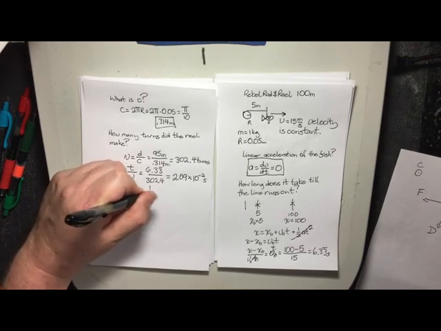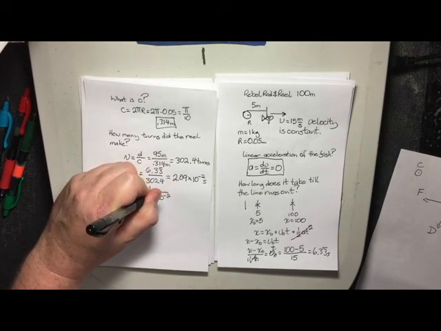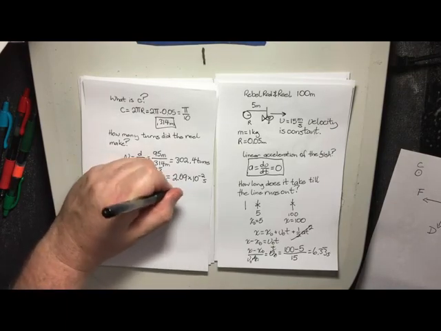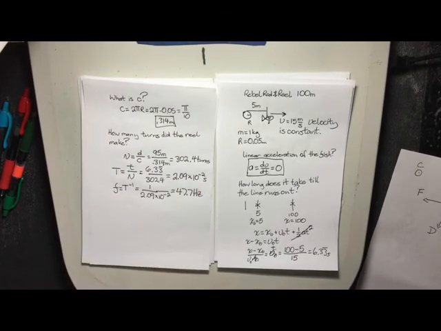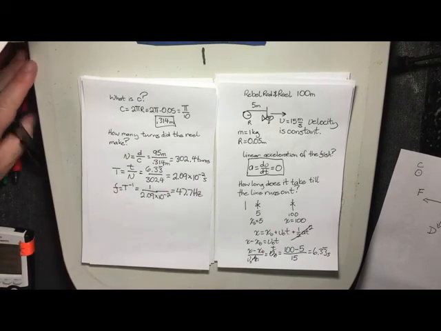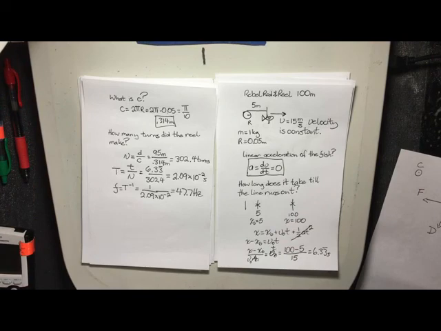So 1 over 2.09 times 10 to the negative 2, or 47.7 hertz. Now, in testing situations, we are kind of forgiving about the little bit of bit rot that goes into this. If you're off by a percentage point or 2, as long as you got the thing set up, we're fine with it. If you're off by 40, 50%, we know you did something wrong, and so that's when we start investigating.